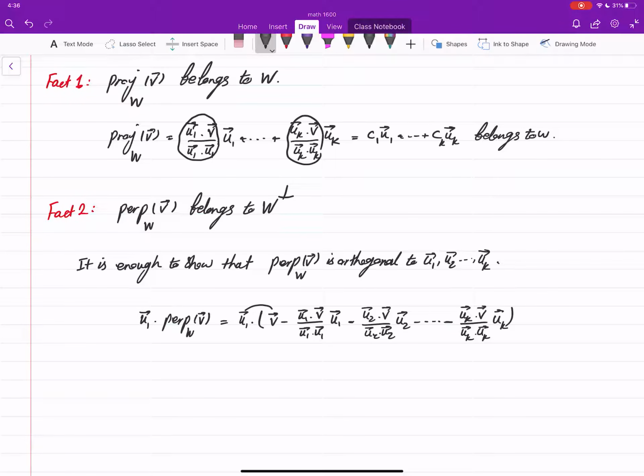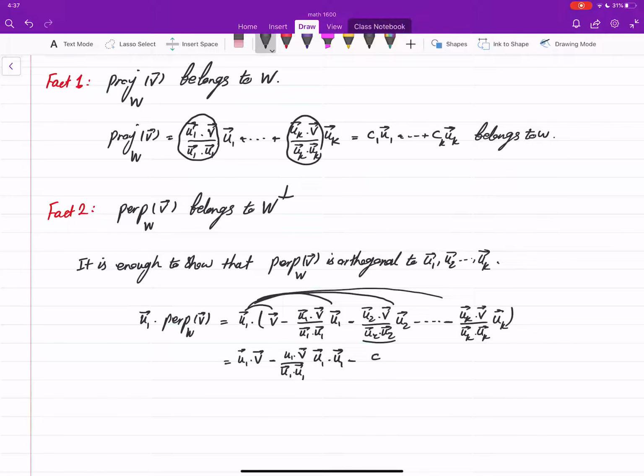Now you can expand this dot product inside, and what you will get is U1 dot V minus U1 dot V over U1 dot U1 times U1 dot U1. The other constants don't matter.